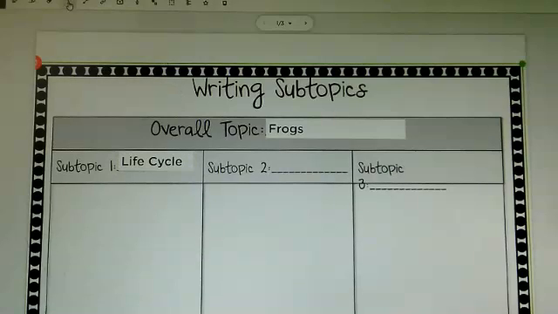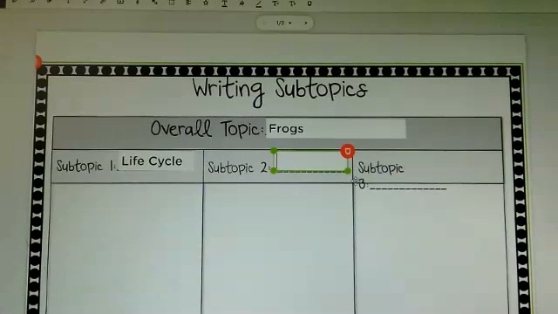Subtopic number 2, I think we're going to talk about their diet. Like, what do frogs eat? So I'm going to write diet because it's smaller. Or actually, you know what? I'll make my font smaller.